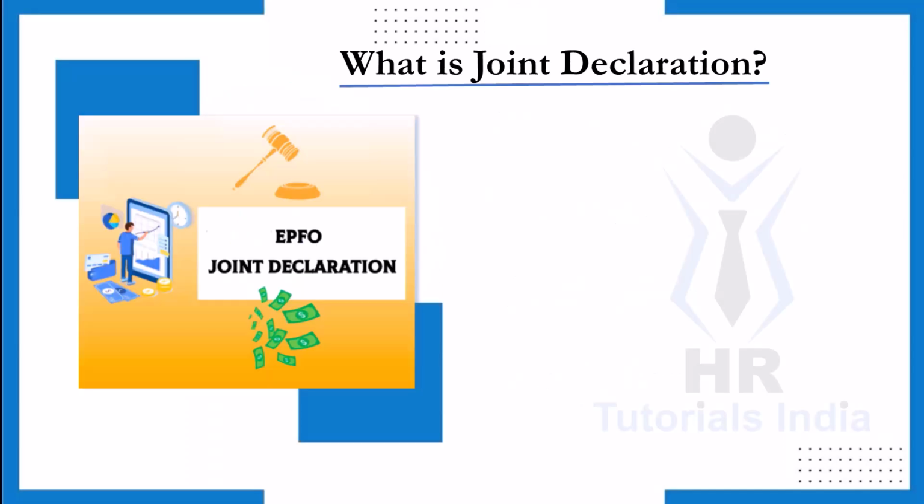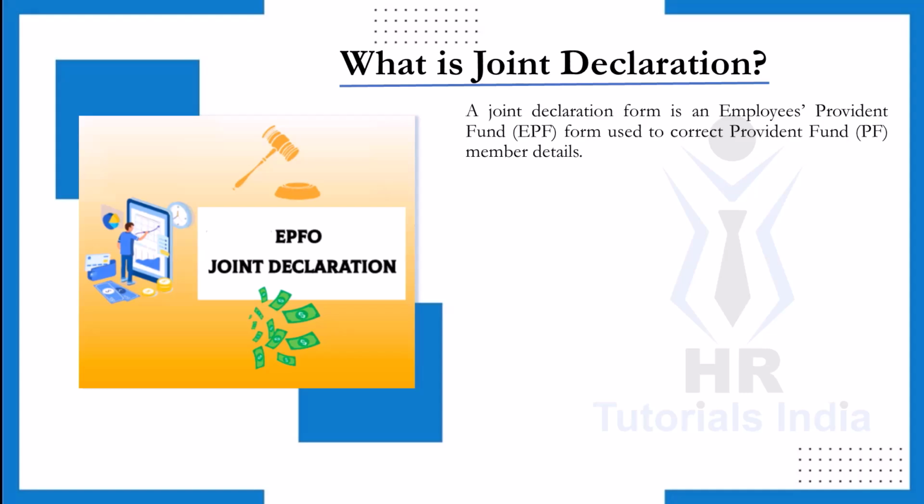What is joint declaration? Before getting into the video, let us understand what exactly joint declaration is. A joint declaration form is an Employees Provident Fund EPF form used to correct EPF, that is nothing but Provident Fund, member details.